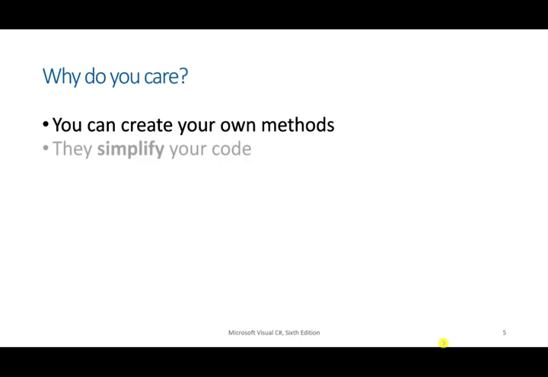So why are methods important? Well, you can create your own. So what I showed you in Hello World was that you've defined main as a method, and you've used built-in system methods, but you can also create your own. Why would you want to do that?